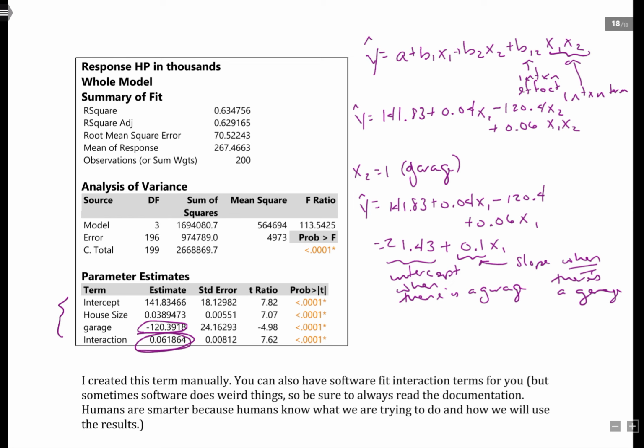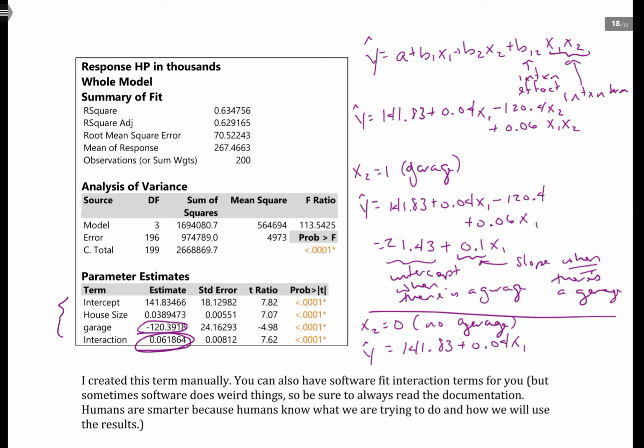We can do the same thing when there is no garage. So x2 equals 0, no garage. And this is a little bit simpler to get because we just plug in 0 for x2. So we get y hat equals 141.83 plus 0.04 x1 minus 120.4 times 0 plus 0.06 times 0.